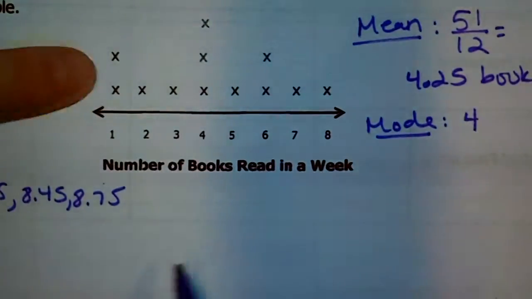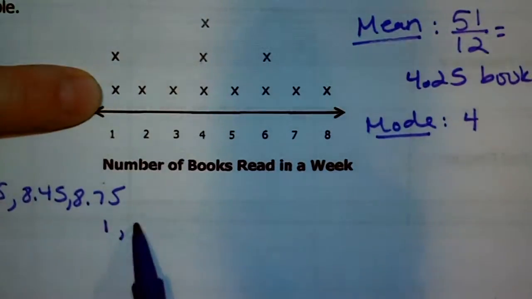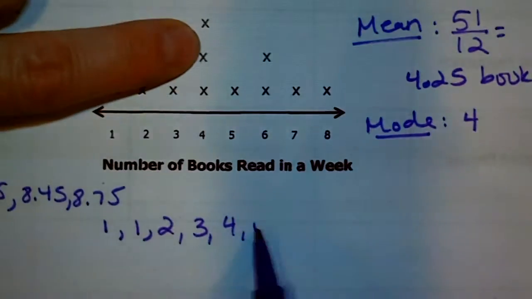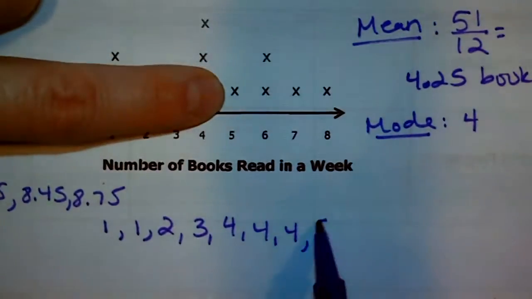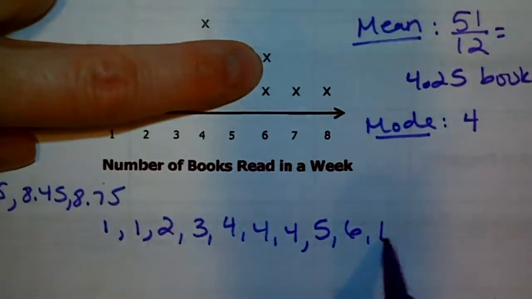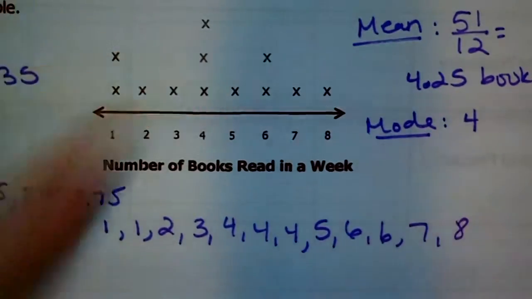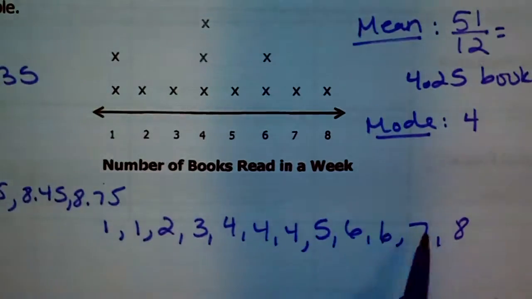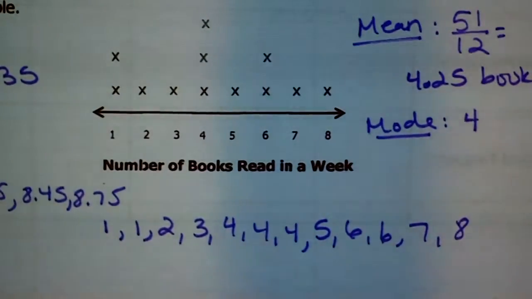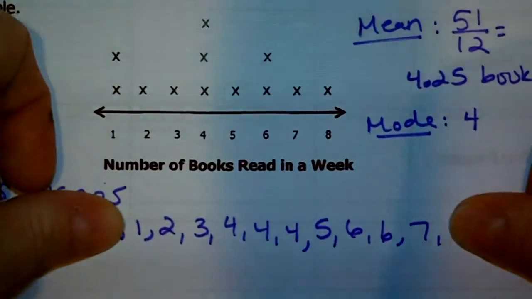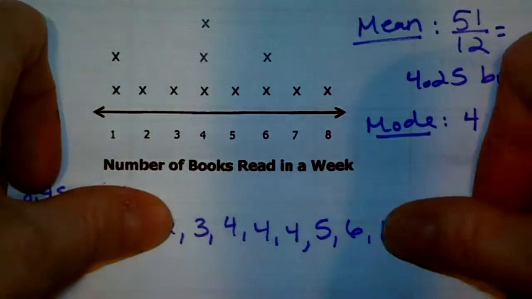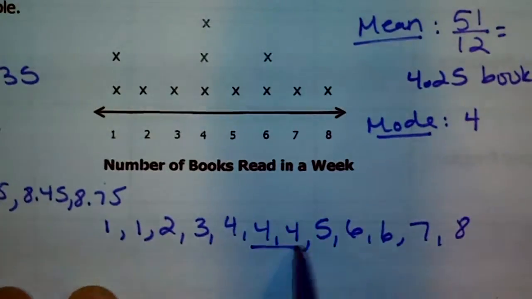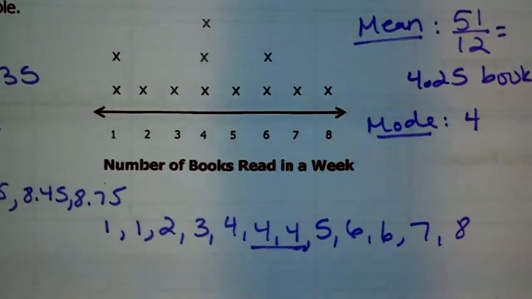So the values in this data set, I have 1 and another 1, 2, 3, 4, 4, 4, 5, 6, 6, 7, and 8. And again, there are 1, 2, 3, 4, 5, 6, 7, 8, 9, 10, 11, 12 values. Now at this point, to find the median, all I have to do is start at the ends, moving over one number at a time, and I see that the middle is 4 and 4.